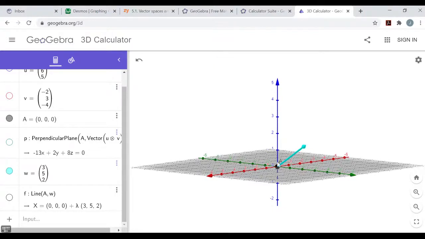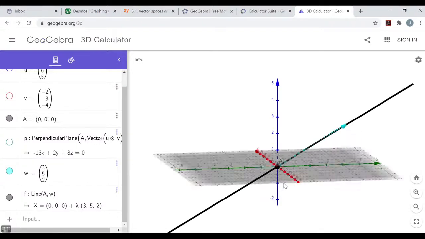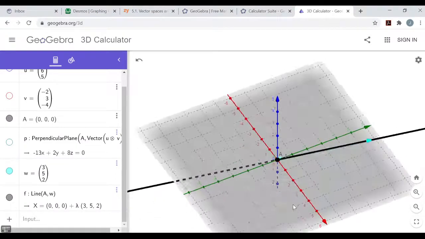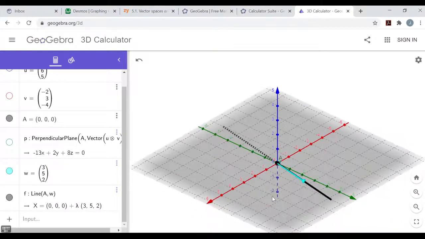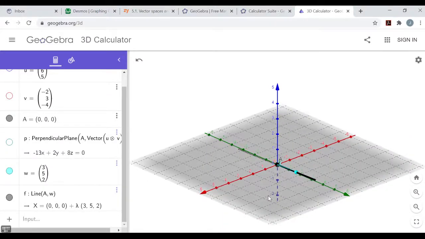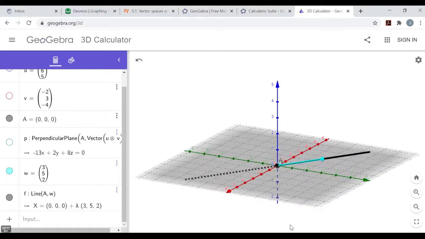Every vector that's a multiple of this will form a line. There's this line with all the vectors that are multiples of 3, 5, 2, and that line going through the origin, hopefully you can see it, forms a vector space. And because it's a subset of R3, it's a subspace of R3. All right, let me turn those off.